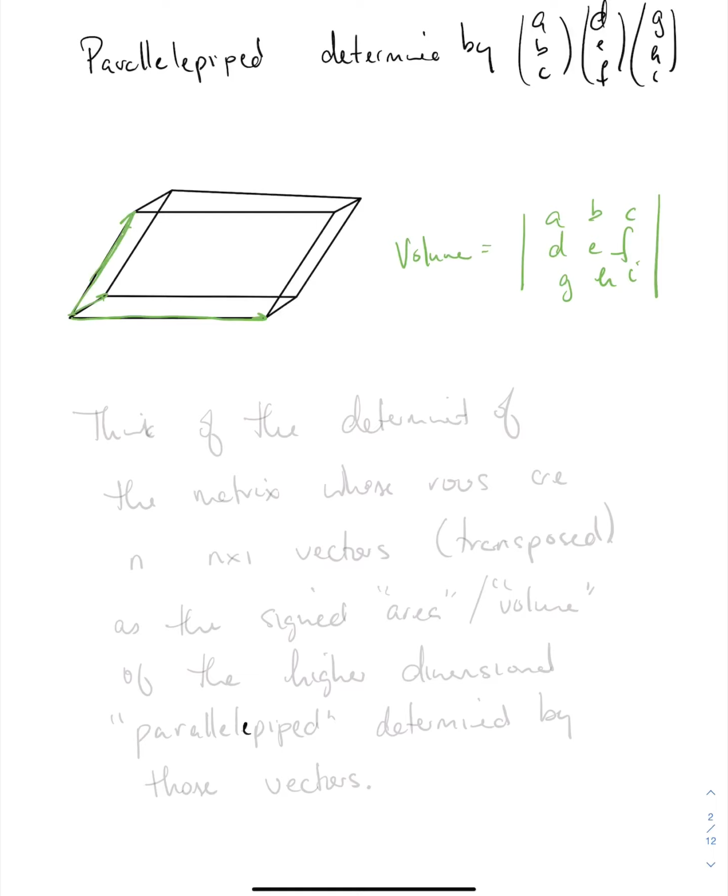Here's what I want you to do. I want you to think of the determinant of the matrix whose rows are n by 1 vectors transposed.